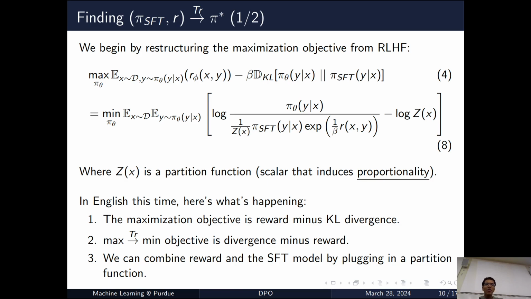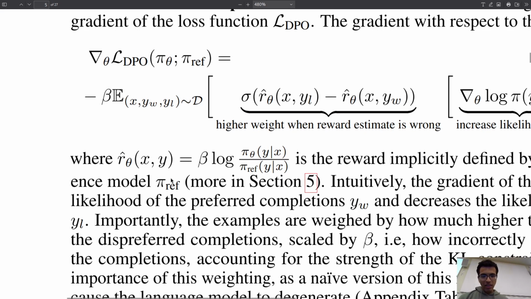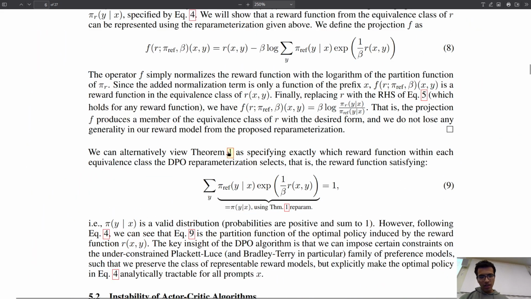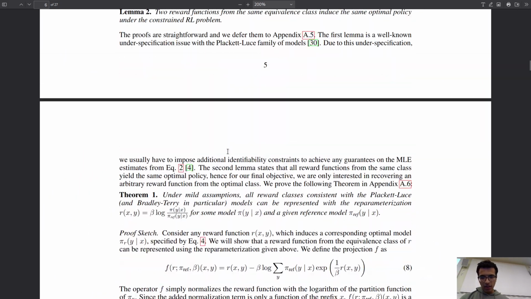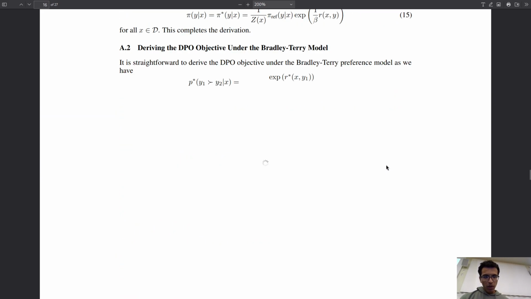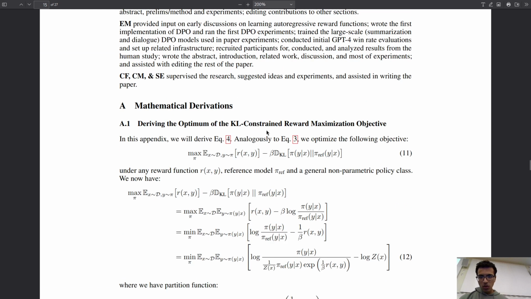And then we combine the reward and the SFT model by plugging in the partition function. If we look at the appendix, that talks a bit more about it in better detail. A1 here, that's A2, right?